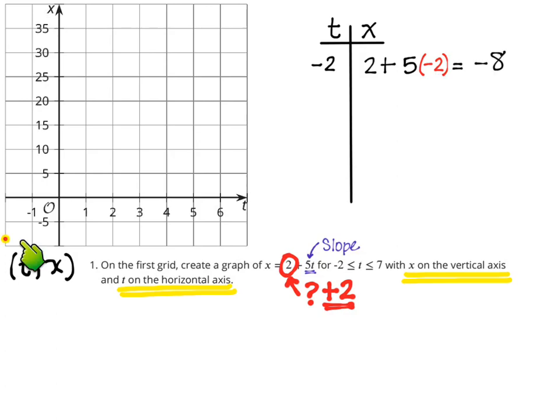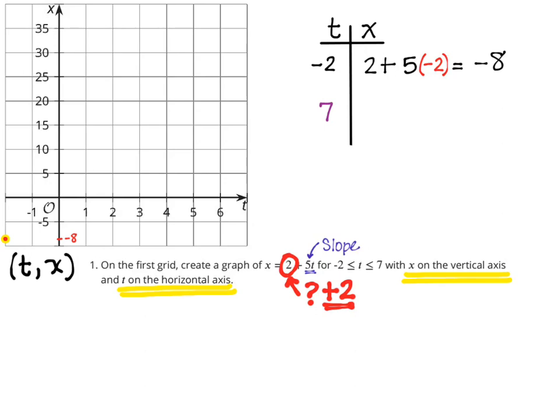And so you'll see here on my graph paper, I graphed that point. Negative 2, negative 8. Okay? Now, I could put in all of the integers from negative 2 to 7, but we really don't need that. We only need 2 points to create a line. And since this says from negative 2 to 7, it would be best to use the two ending numbers for my input.